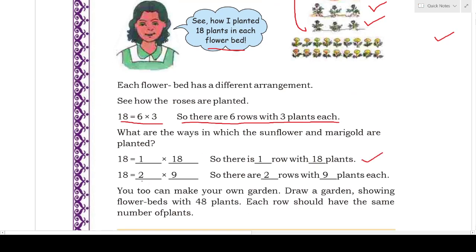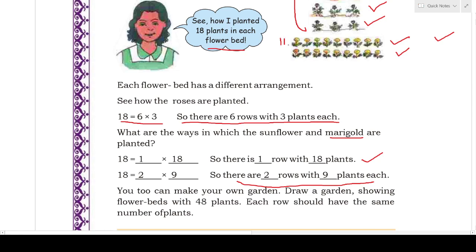Next we have 18 equals 2 times 9, and this one is for marigold. So there are 2 rows with 9 plants each. Each flower bed has a different arrangement. Here you can see the arrangement for the marigold plants, and how many rows are present, 2 rows.